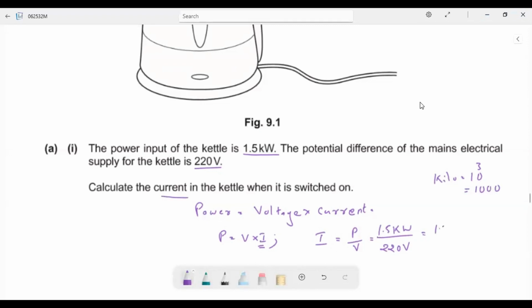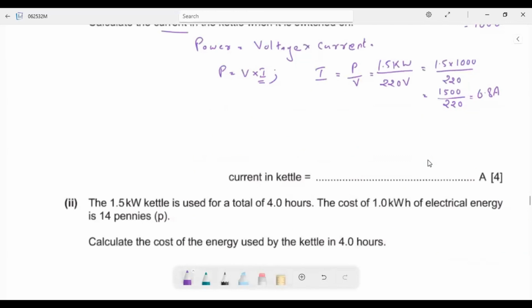So 1.5 into 1000 by 220, that can be written as 1500 by 220. That will be equal to 6.8 amps. So here the current is 6.8 amps.